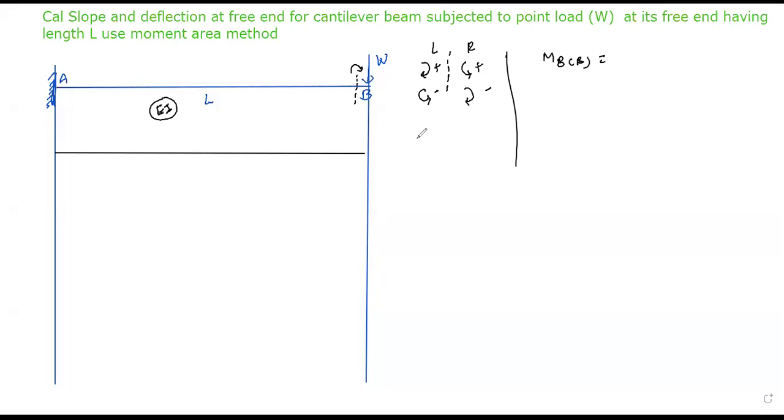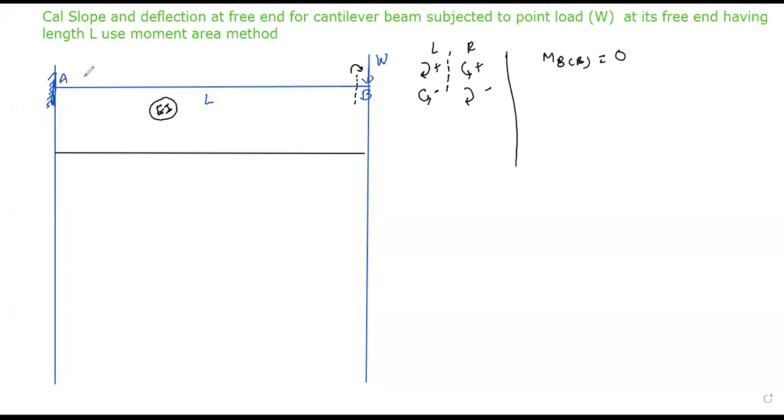No. If there is no distance, there will be no moment. Okay, so your moment will be 0. Your moment will be 0 on point B from right side. Is it okay? Because there is no distance.